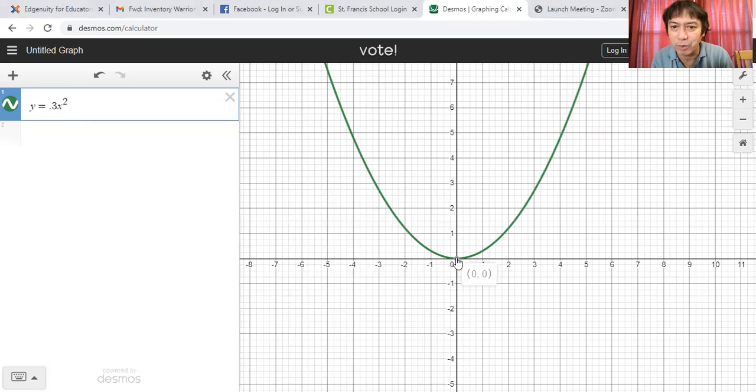And again, the mirror line is the vertical y-axis. And this is considered an even function. You can see the exponent 2. One thing about even functions: the exponents of the variables are even.